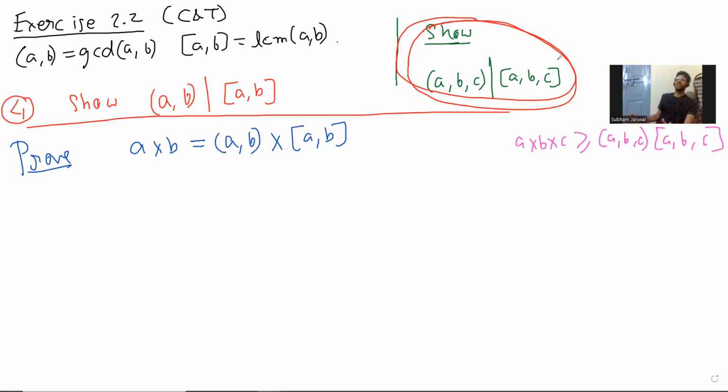Three numbers, when you take the GCD, it divides the LCM of the three numbers. I hope it's correct. And then we should be able to prove it. Because now we don't have any simple identities that we know. So how are we going to prove it?